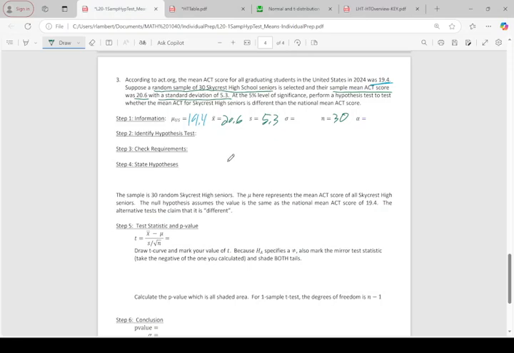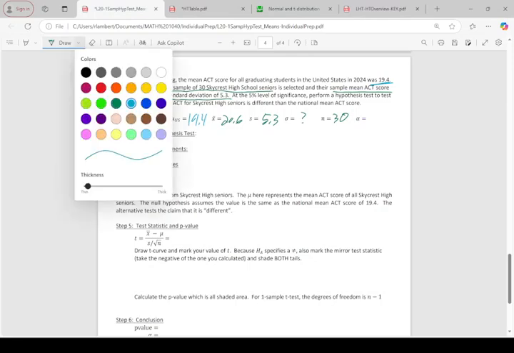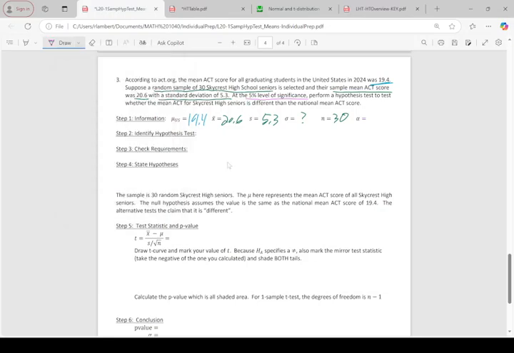And we're not told any generalized population standard deviation. At the 5% significance level, let's try it, I don't know, pink. Perform a hypothesis test to test whether the mean ACT for Skycrest high seniors is different than the national mean.